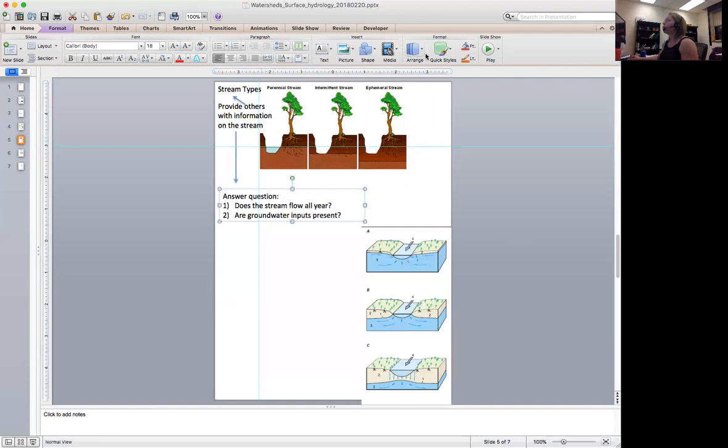So if you have a perennial stream, it's a stream that flows all year and is connected to the groundwater system.